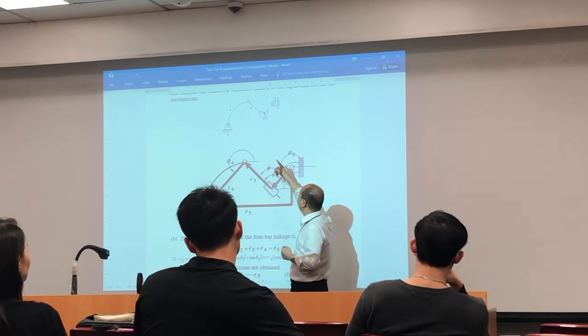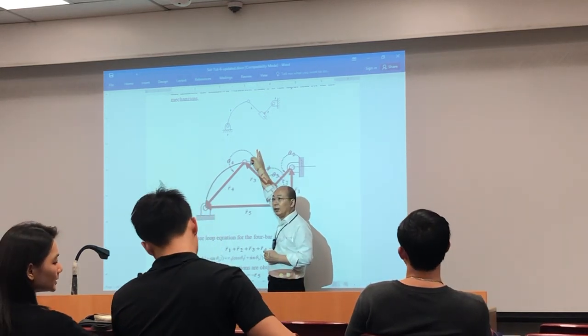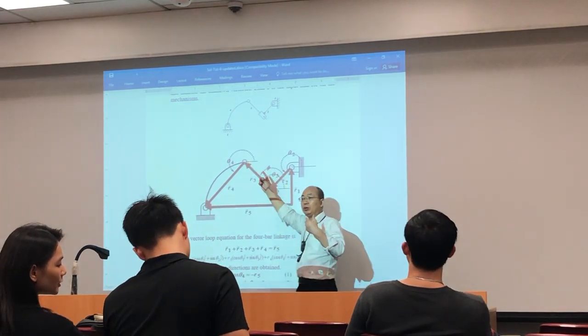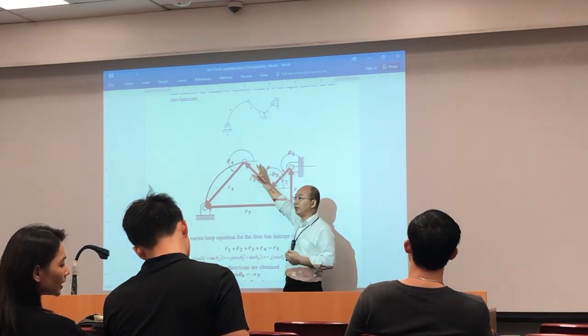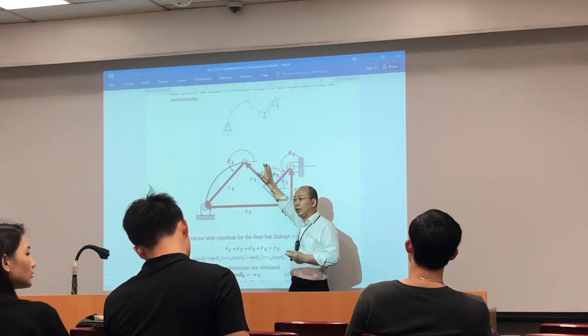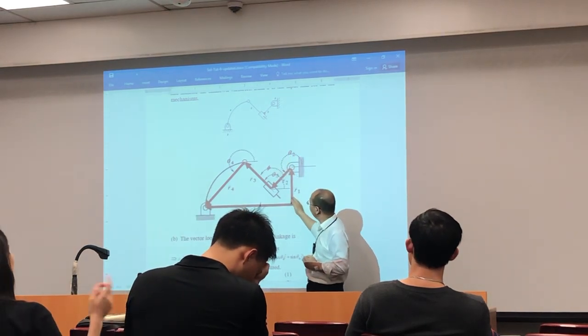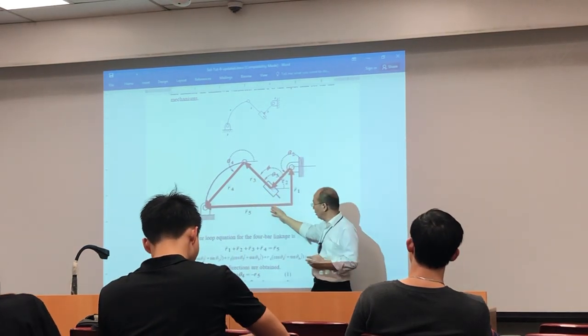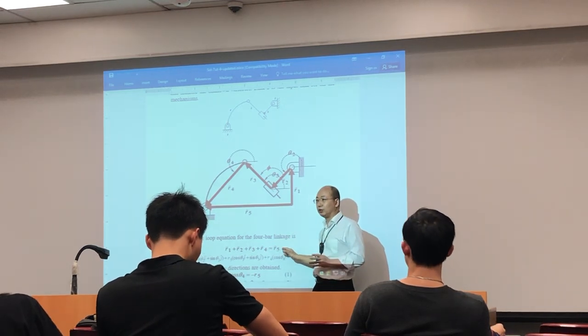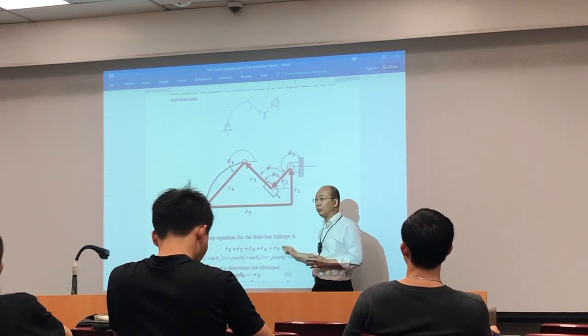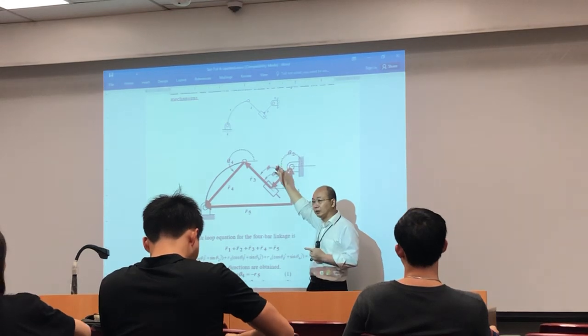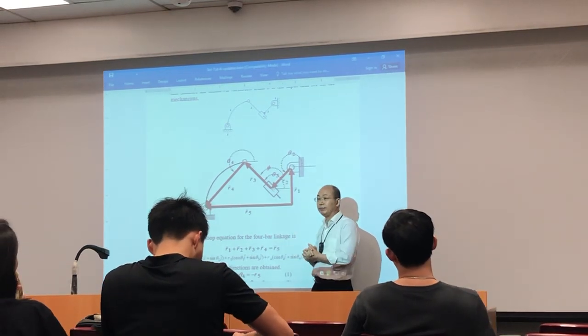Correct. So now you can see, originally we have a physical mechanism, right? Now, when we use a vector to represent each of the links, then this physical mechanism becomes a vector loop. And then for this vector loop, we have a mathematical equation. So basically, we convert the physical mechanism into a mathematical problem.